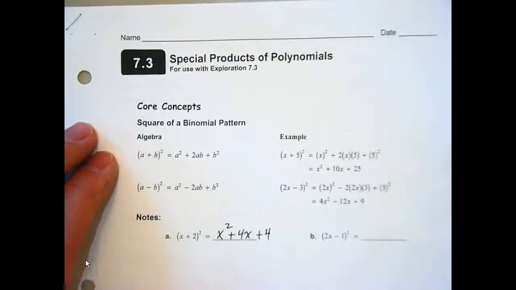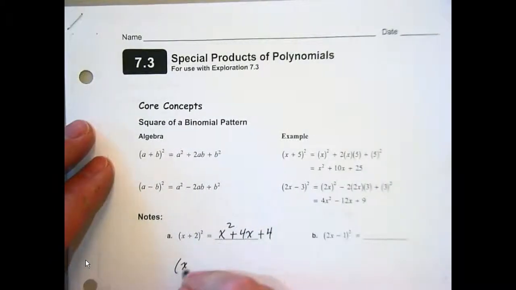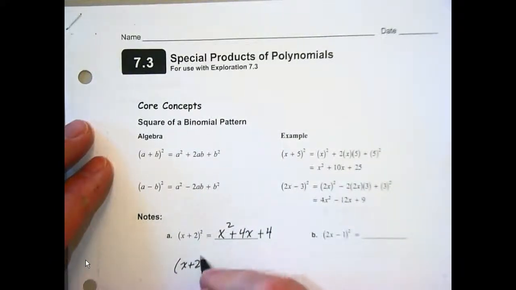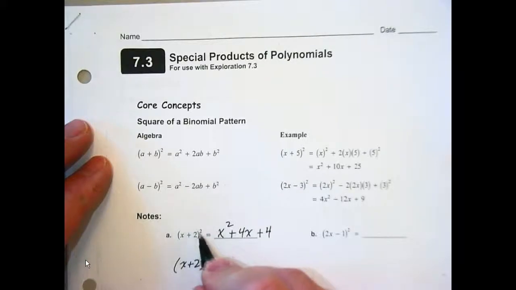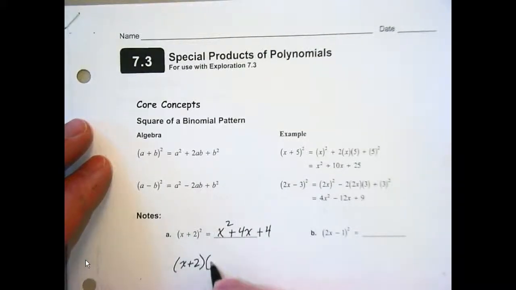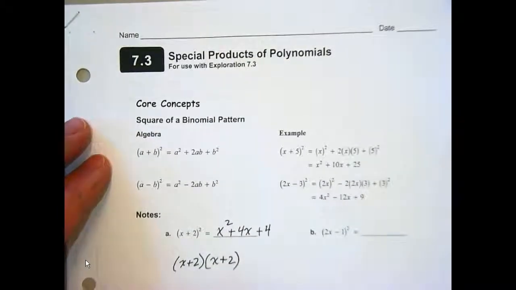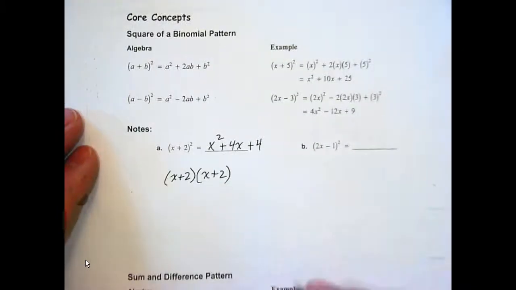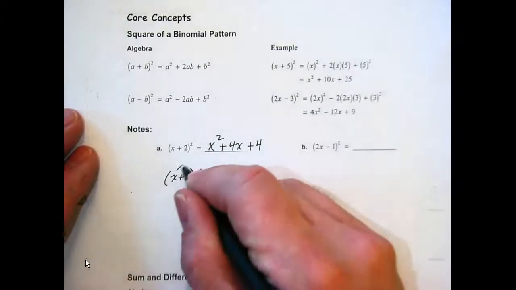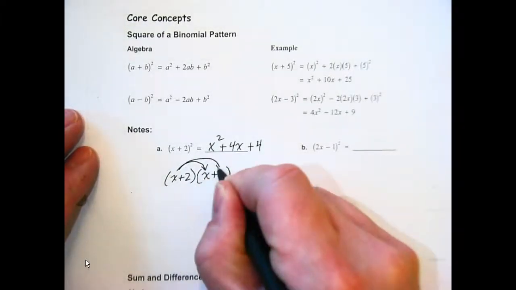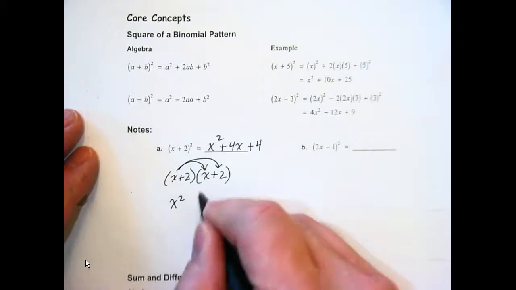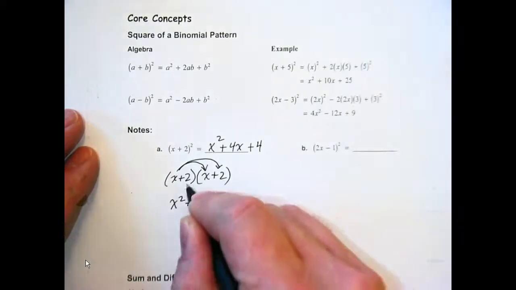It's a shortcut. Now, if you can't remember the shortcut, please remember at least that this little squared right here means I am taking this and I'm multiplying it by that. If you can't remember the shortcut, then you could just revert back to doing it this way. It's not that hard.